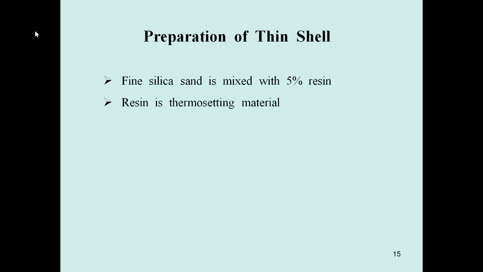Then the metal pattern plate is heated to about 250 degrees centigrade in an oven and is clamped to the top of the dump box.